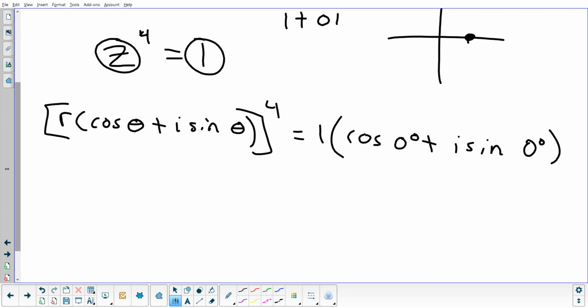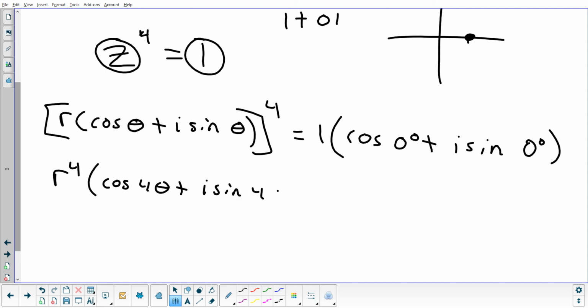Can someone tell me what you would get using DeMoivre's theorem if you raise this left-hand side to the 4th power? It'd be r to the 4th, cosine 4 theta plus i sine 4 theta.